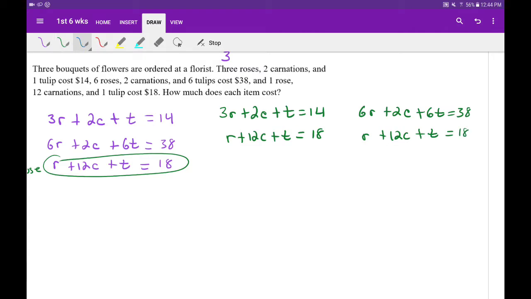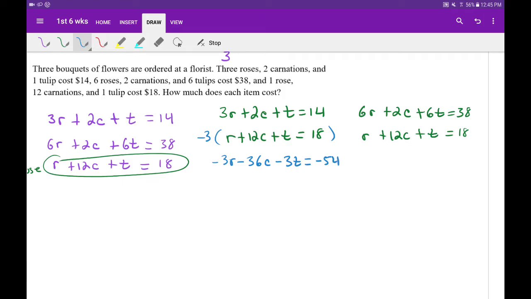Looking at the left set, I'm going to multiply this by a -3 to get the R's to eliminate. So -3R, and then we have -3 times 12, that's -36, so I got -36C, and then minus 3T equals, and then we got -3 times 18, which is -54.